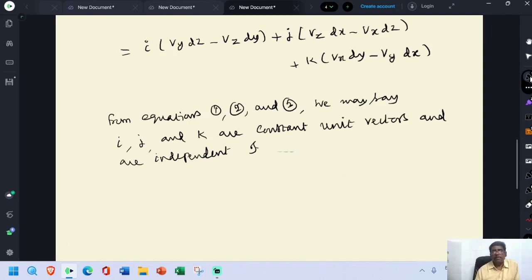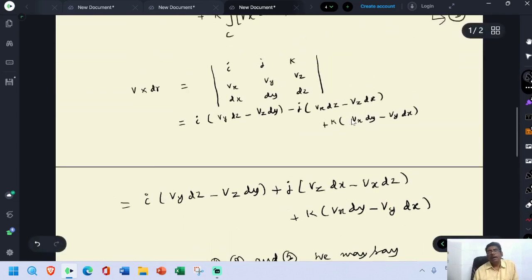They are constants, only due to that reason they are present outside the integral.